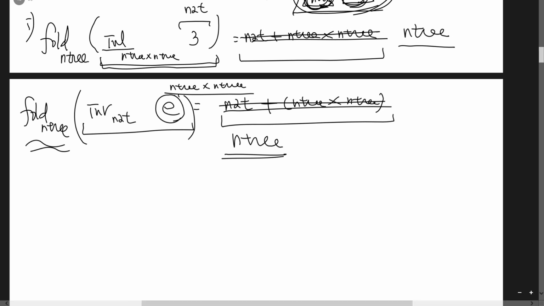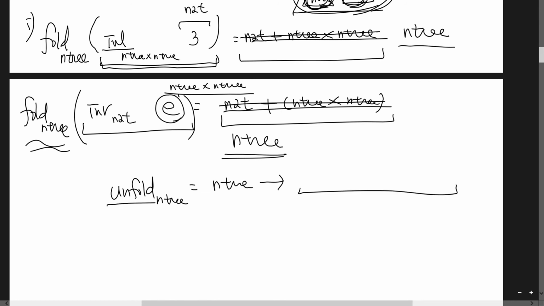Remember that unfold has a type: given me a natural number 3, I'm going to unfold it, literally expand it into this sum type, net sum type, natural number 3 times natural number 3.